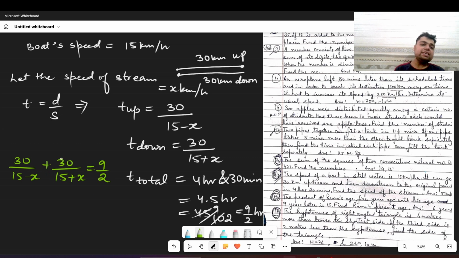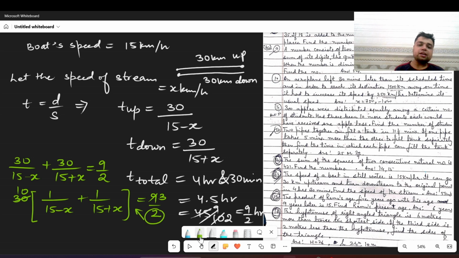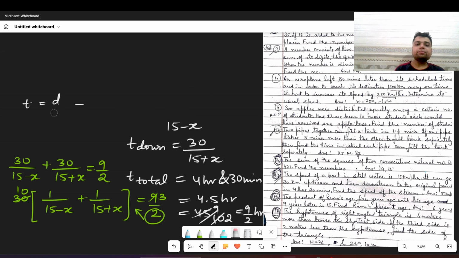So now I can take 30 common. So 30 common if I take, I will get 1 upon 15 minus x plus 1 upon 15 plus x is equals to 9 by 2. If we see carefully, 3 10s are 30, 3 3s are 9, and I can take this 2 on the other side and cross multiply, okay.